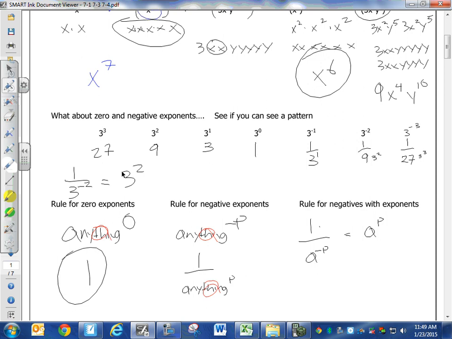The rule for negative exponents is you take the reciprocal, make the exponent positive. Write that down. Take the reciprocal, so you flip it. Make the exponent positive.